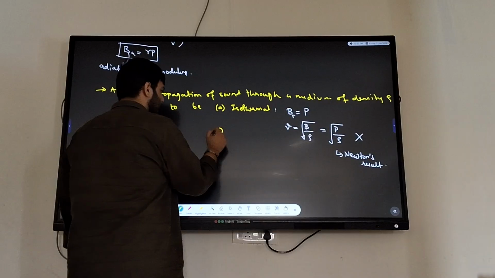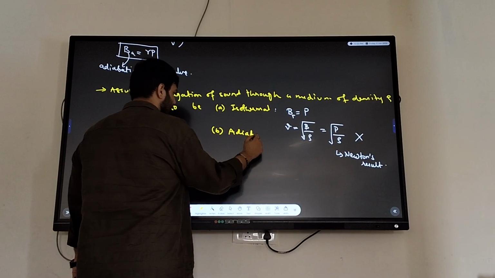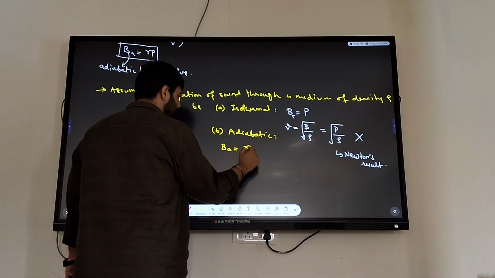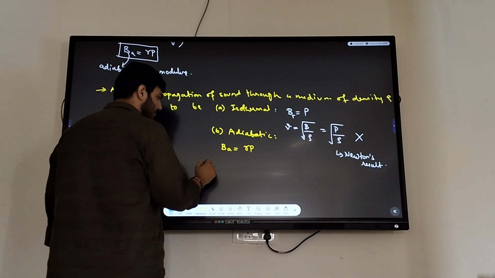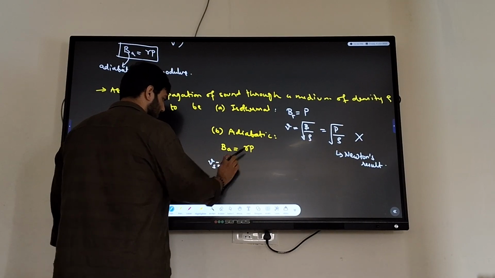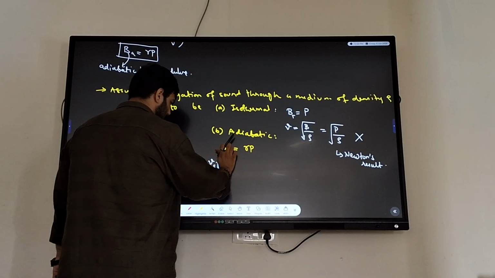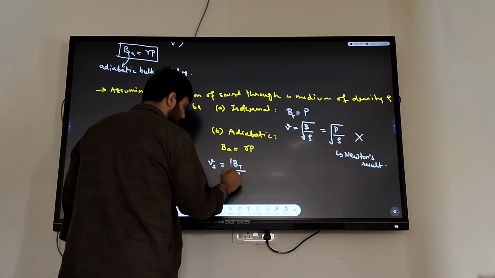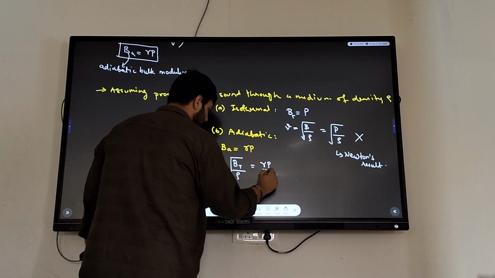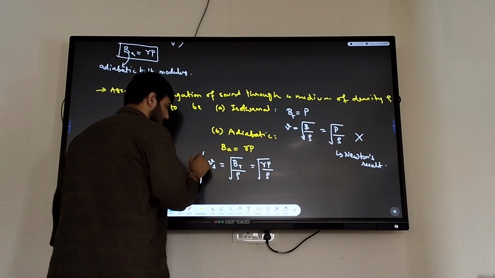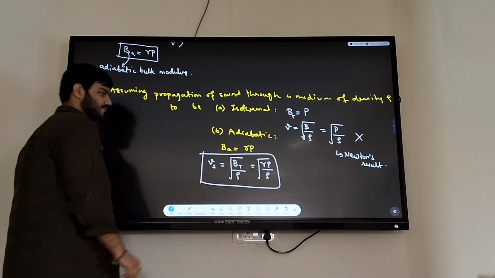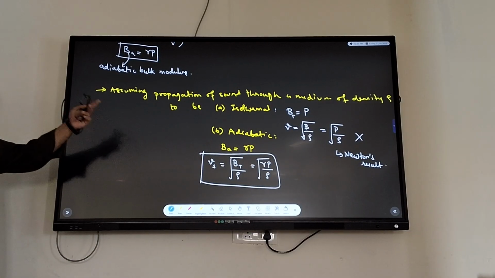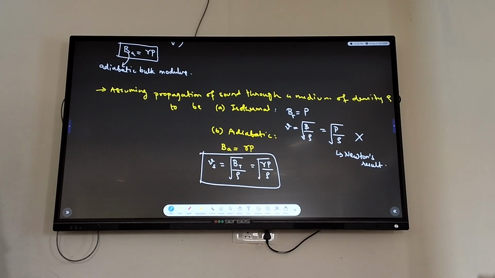Then if I assume it to be adiabatic, what is B? That's BA, gamma P. Then what is v? This is BA by rho, that's under root gamma P by rho. If you remember, I have given all these results in wave motion at the end of wave motion.